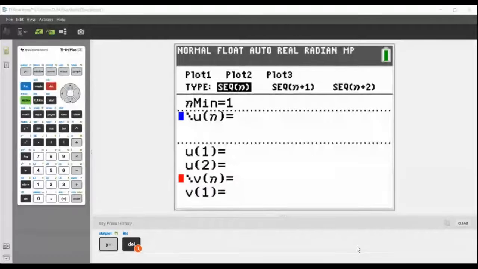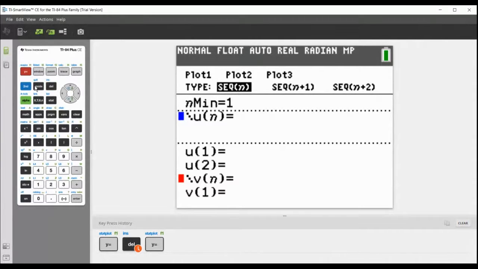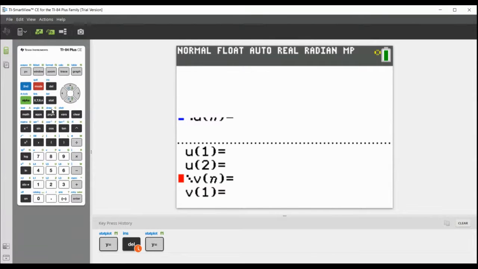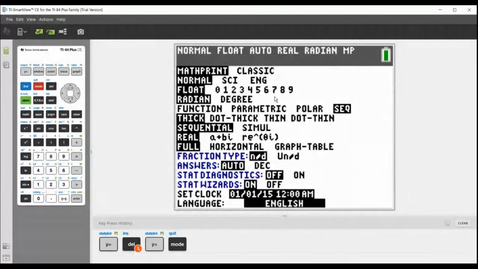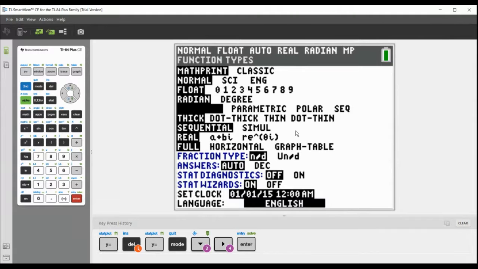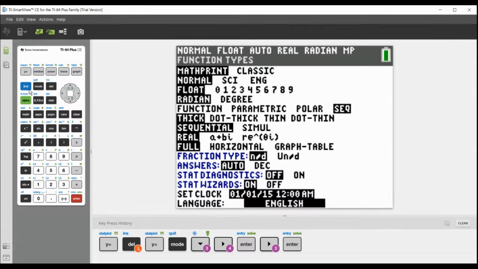Okay, so what we do, as you know, is go to mode, and you can go down here and put the calculator in sequence mode. When it's in sequence mode, it allows you to type in sequences in the calculator.